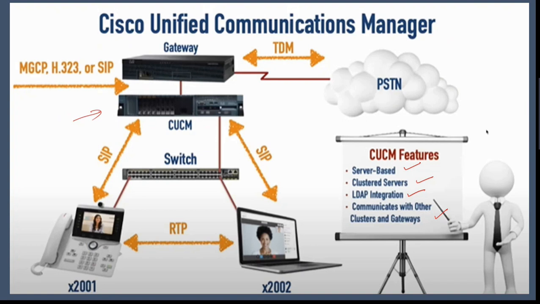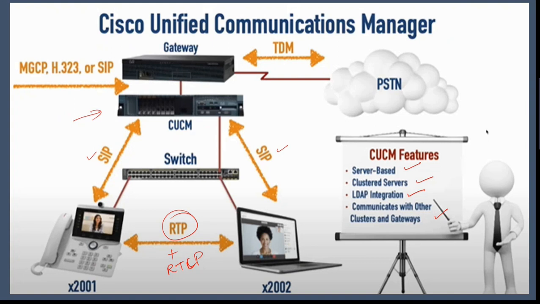Then it is CUCM's task to find out whether the destination resides on the CUCM, whether it is registered on the CUCM. If it does, it will send the request forward to the end device through the SIP protocol. So the request and response will be through SIP. Once the two parties are connected, RTP and RTCP are the protocols that carry the communication.